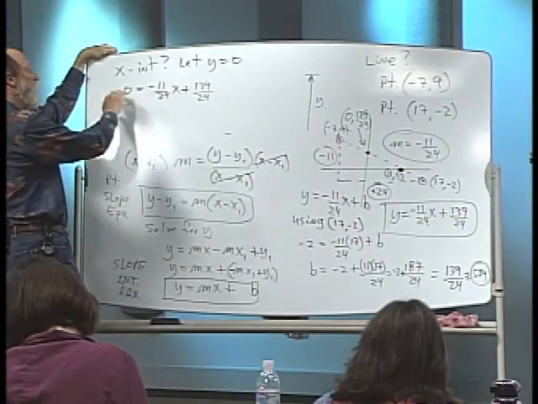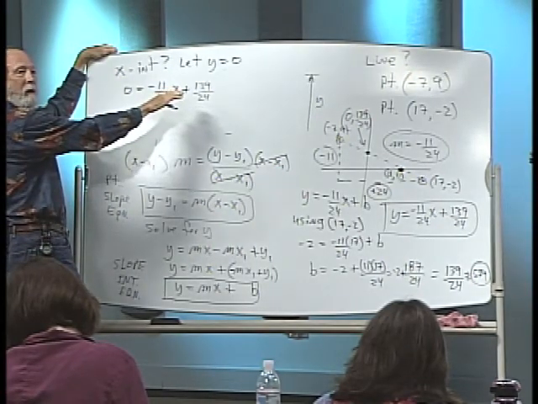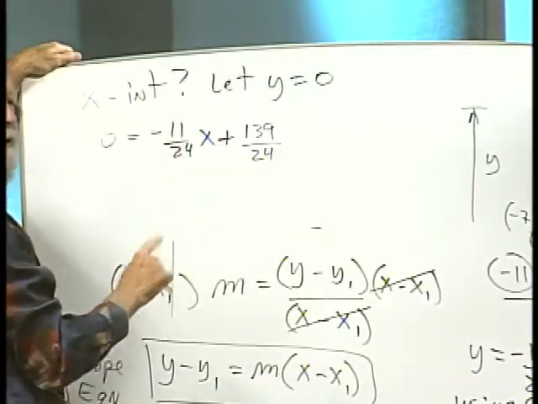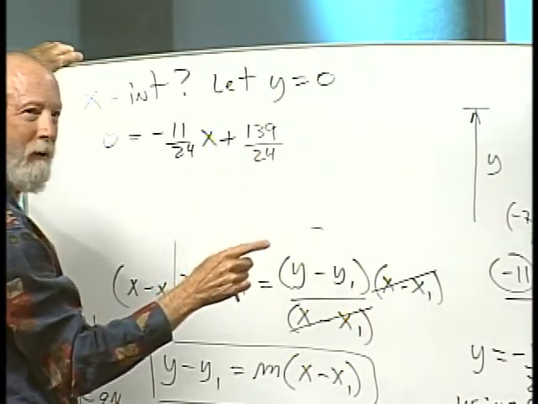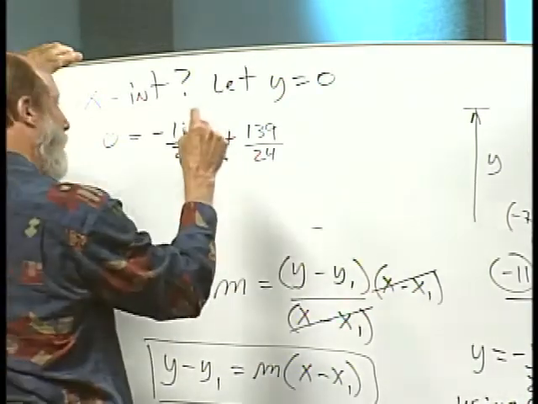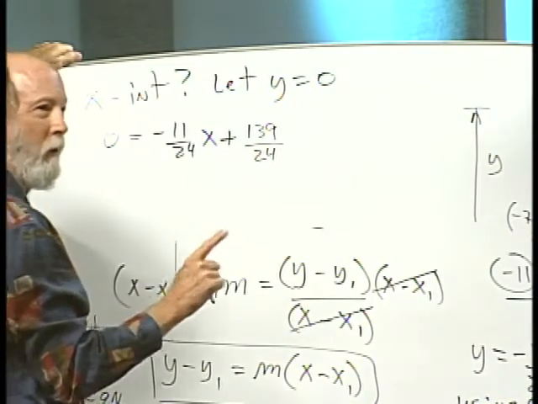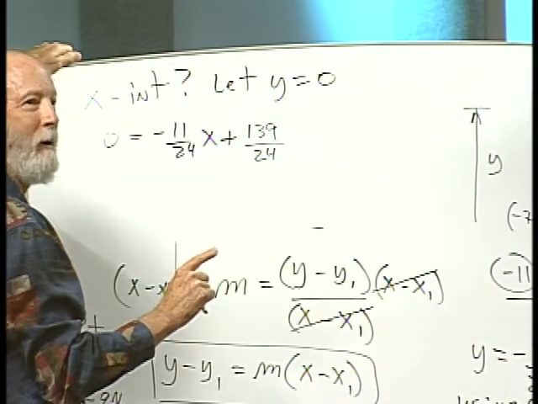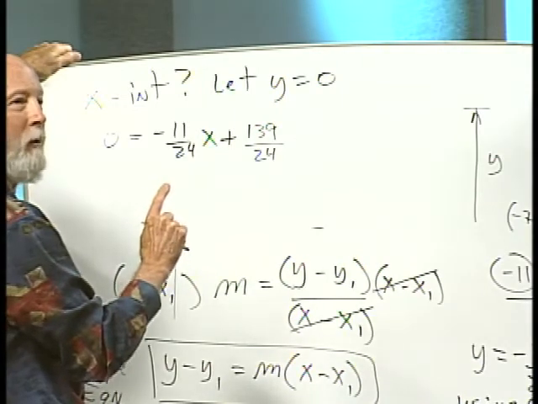What kind of an equation is this? What's it got in it? Fractions. It's a fractional equation. You're going to hear me say that a lot this term. What's the world's best way to clean up fractional equations? Get rid of the denominator by doing what?